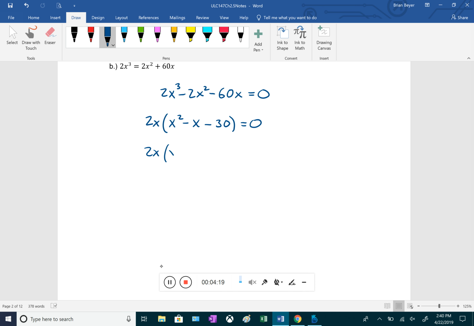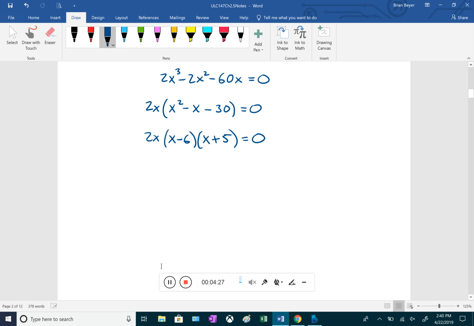That'll be x minus 6 times x plus 5. Now we have it factored completely, and we have to set each one of these factors equal to 0 separately. So that's 2x equals 0, or x minus 6 equals 0, or x plus 5 equals 0.